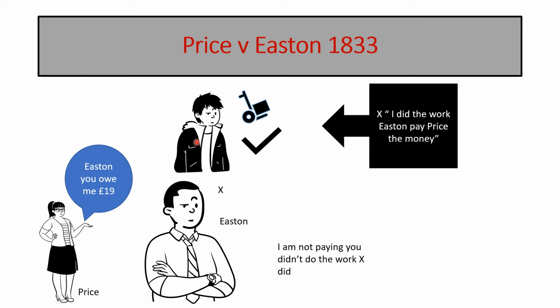X completed his side of the bargain, but Easton didn't and withheld the money from Price. Because the wrong person sued Easton, Price sued Easton, because of that mistake, Easton got away with paying the £19 to Price.